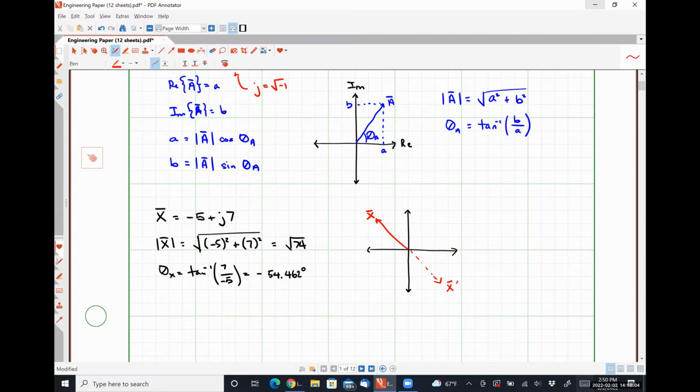So to correct this, we would actually have to add or subtract 180 degrees. So I'm just going to put this right here. Plus or minus 180 degrees would give us whatever our correct angle is supposed to be, right? We simply just need to rotate that other half circle around to force the answer to be in quadrant 2.